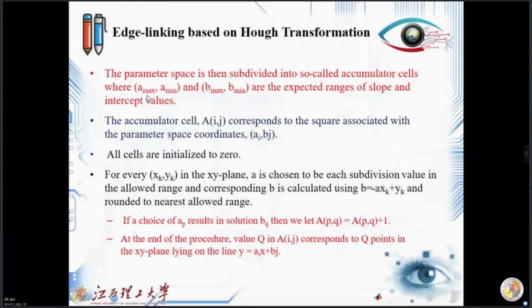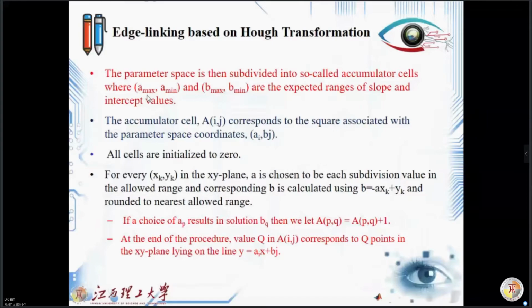For every xk, yk in the xy plane, a is chosen to be each subdivision value in the allowed range, and the corresponding b is calculated using b equals minus a xk plus yk, rounded to the nearest allowed value.